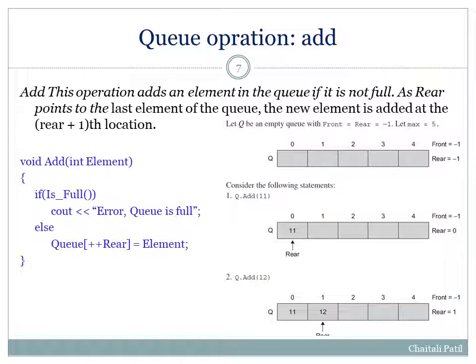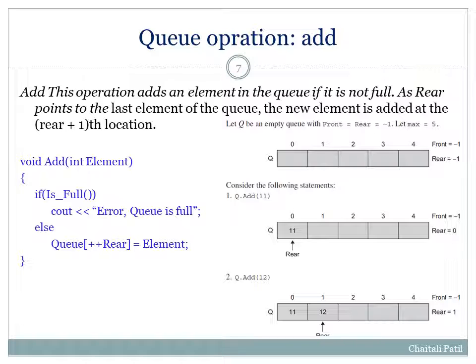In the previous slide we have seen the code for the is full operation on a queue. If the queue is full, then the is full function will return 1, and we write an error message that the queue is full.